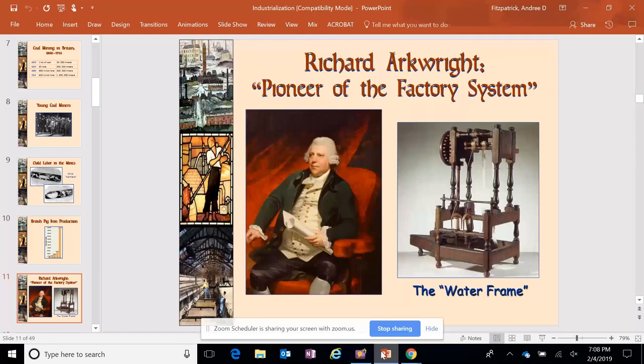With the inventions of things like the water frame, the spinning of thread could be done by machine and much, much faster than could be done by hand. So as we started to see new inventions like the water frame powered by water, the necessity for a location outside of the home to produce textiles became important. And so what we saw was then the creation of the factory system, and the factory system started first in the textile industry.